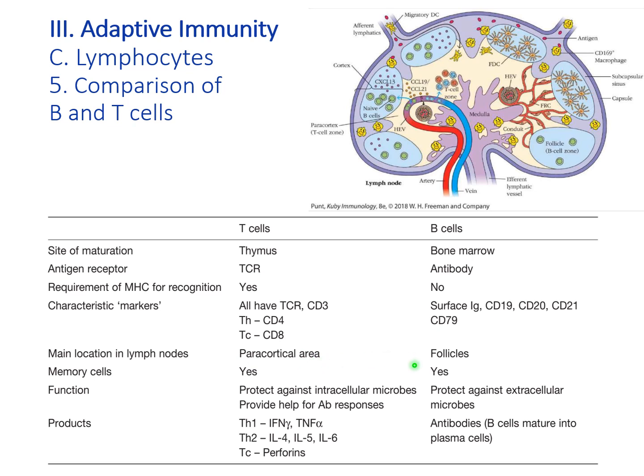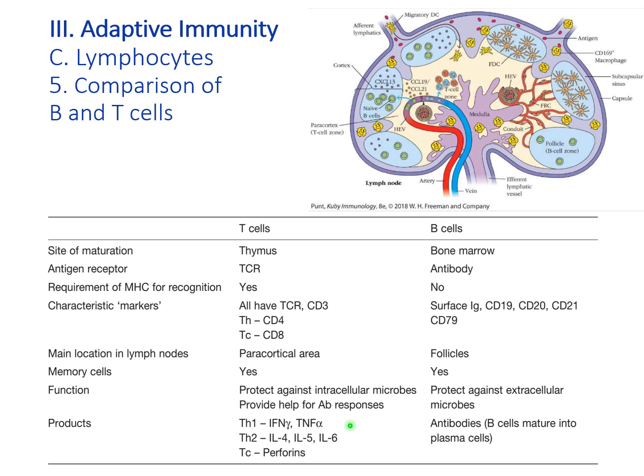The B cells are mainly in the follicles. Both have memory cells. The T cells will protect us against intracellular microbes, and they also provide help for antibody responses. The B cells will protect us against extracellular microbes.